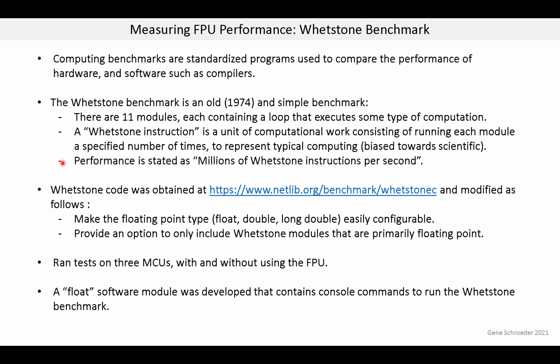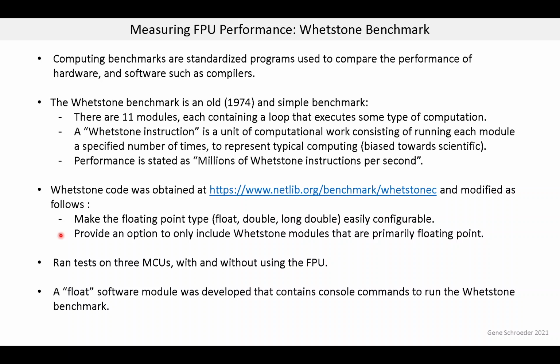So I got Whetstone code at this location here, and I modified it as follows. First of all, I made the C floating point type being used, float, double, or long double, easily configurable so I could measure each type. I also provided an option to only include the Whetstone modules that are primarily floating point.